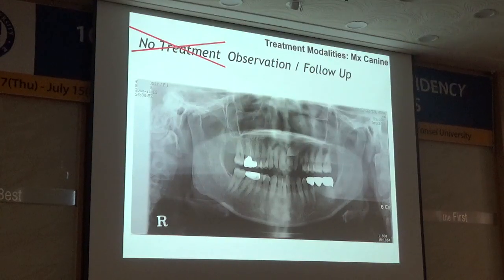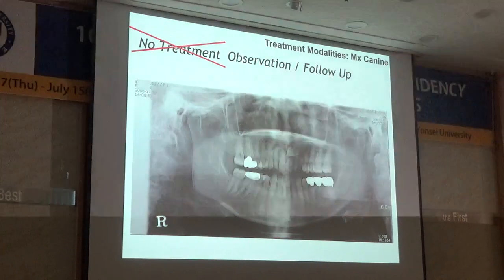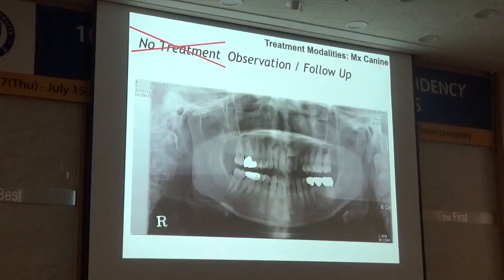We do observation or follow-up when the patient has no will to get the treatment or is of old age. She's 51 years old and she has an infected tooth, and her chief complaint was just a fracture of the deciduous canine.